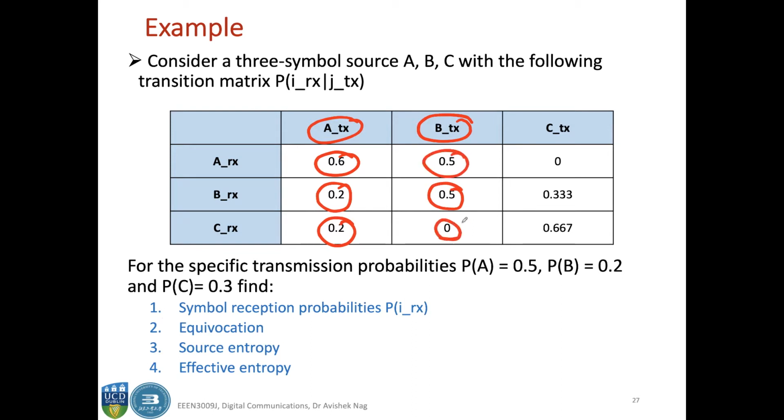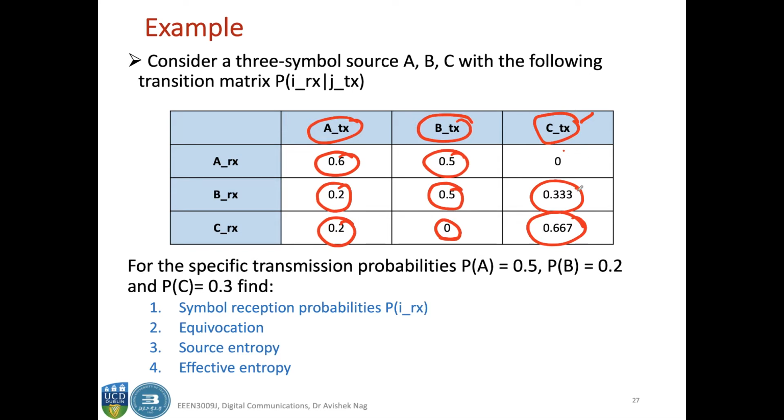There is no transition from B to C. Similarly, when you are transmitting C, you are receiving C with the highest probability, and then there is also a certain chance of receiving B when you are transmitting C, and receiving an A is 0.